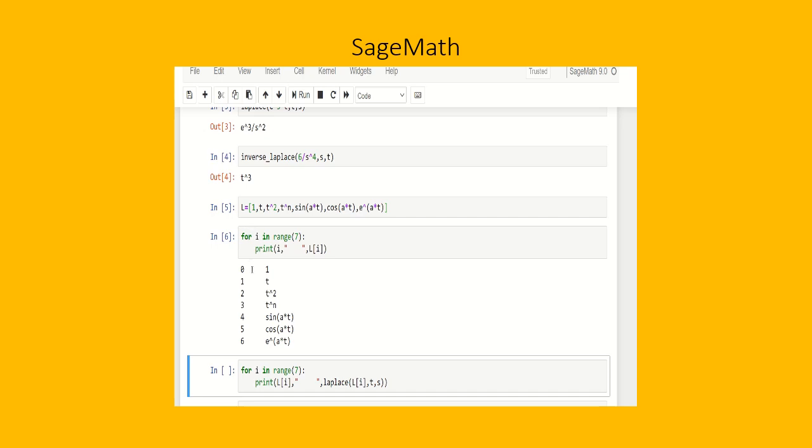And so L of 1 is t, L of 2 is t squared, L of 3, L of 4, L of 5, and L of 6. L of 6 is this one, e to the a times t power. So this list is indexed with the index starting at 0 and increasing to 1, 2, 3, 4, 5, and 6.